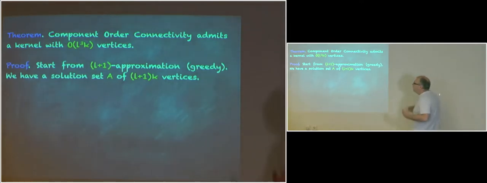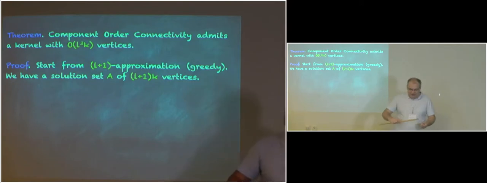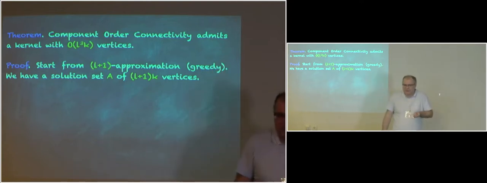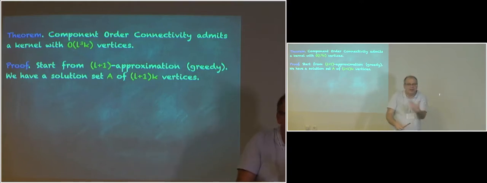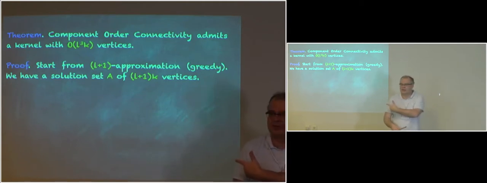I start from an approximation algorithm. If I find some component of size more than L, I can pick any vertex in this component and start building a BFS tree. If I have a BFS tree of size L plus 1, I know that at least one vertex from this tree should go into the hitting set.